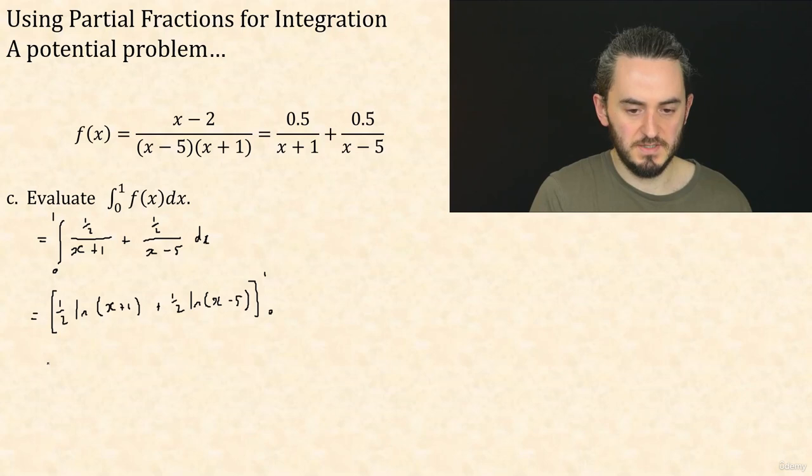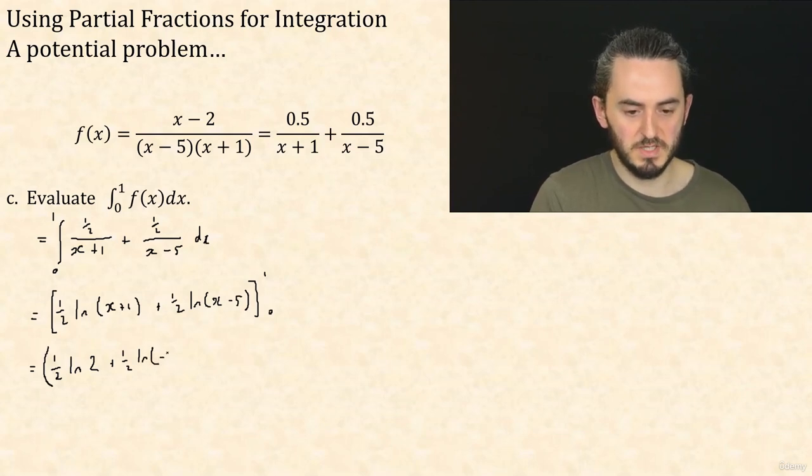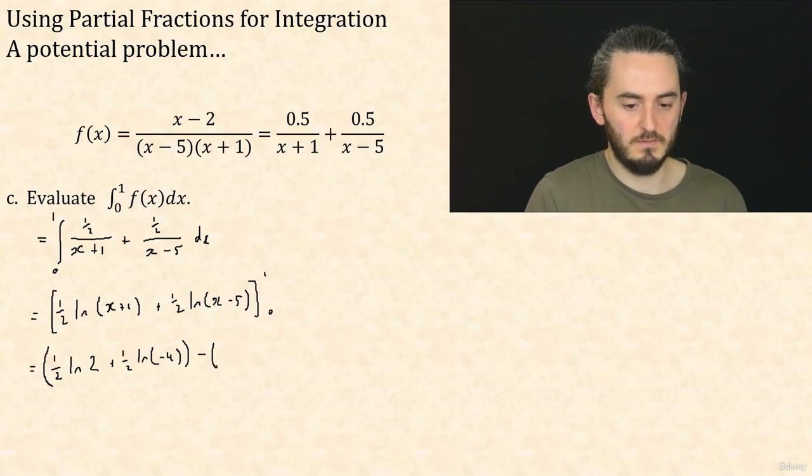So here's the issue. I sub in 1 and look what happens. I get half ln 1 plus 1 is 2, no problem there. Plus half ln 1 minus 5 is minus 4. Okay, that's a problem. We can't have logs of negatives.